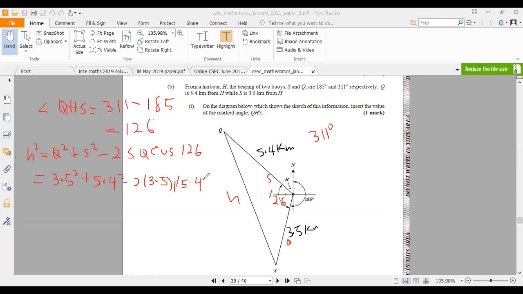Right? Can somebody tell me what is cos of 126? Negative 0.588.